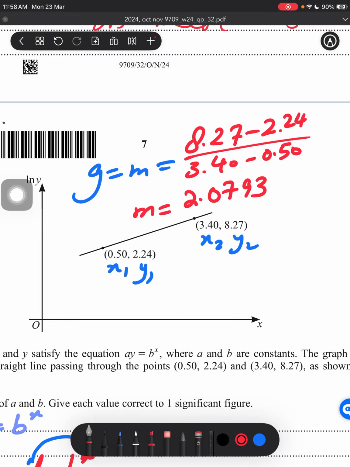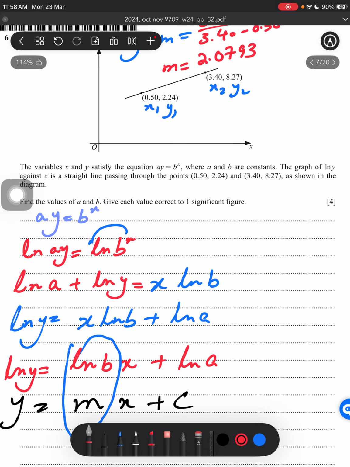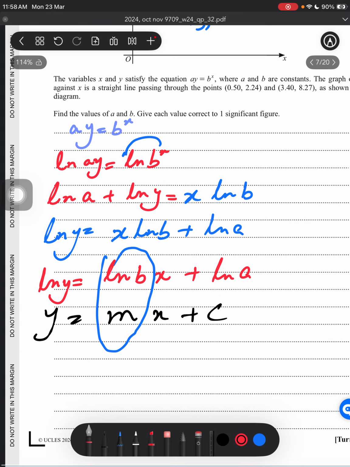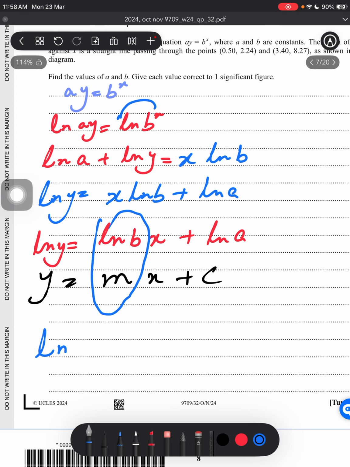So we already have m, and m is equal to ln b, so ln b equals 2.0793.